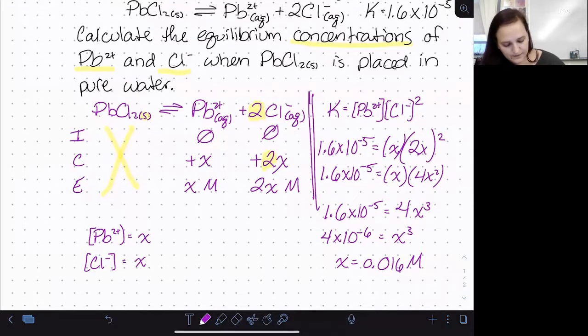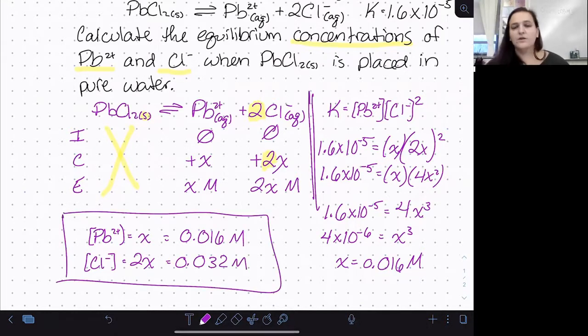The concentration of lead is X, so that's convenient from our ice table here. So that will just be 0.016. But our concentration of chloride is 2X. So if we multiply that by 2, our chloride concentration at equilibrium will be 0.032.